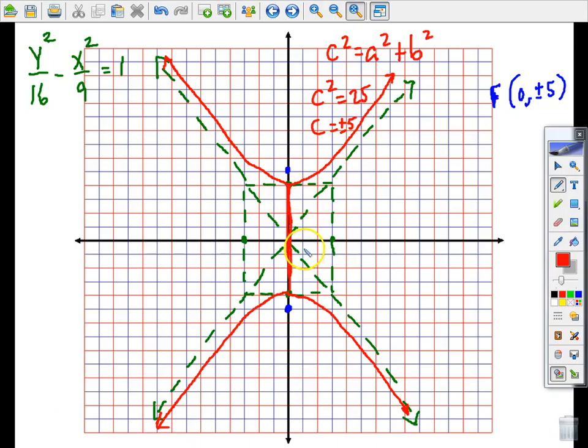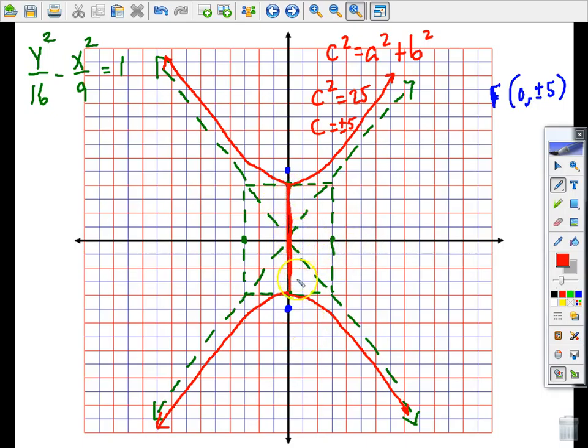What variable do I use to show that? Is it, Brent? That would be a co-vertex, which we don't have in this case. So when we had ellipses, what did we use to associate vertices? Which variable? A. All right. So what is the distance from the center to a vertex? How many units? 4. Okay.